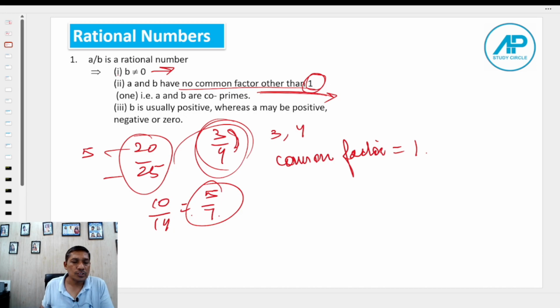This is the correct representation of a rational number, not 10 upon 14. That means a and b are co-prime. The word is co-prime. What are co-prime numbers?